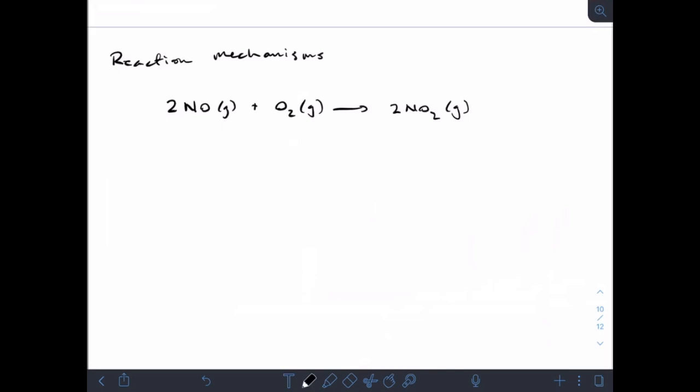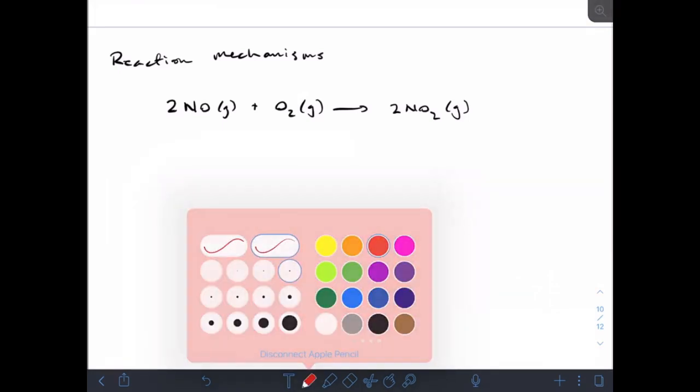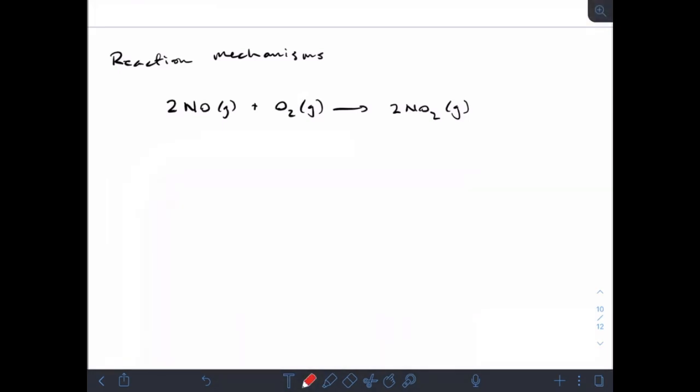Now, in order for this to happen exactly the way it's been written, if we think about things in terms of collision theory, we would need to have three individual molecules coming together in exactly the right way at exactly the right instant with exactly the right energy.